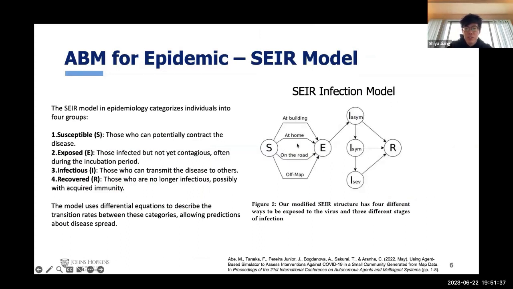Here we have arrows pointing from one stage to another, and we are connecting those stages with probabilities, which are observed from CDC data. So we are trying to simulate the real world as closely as possible.